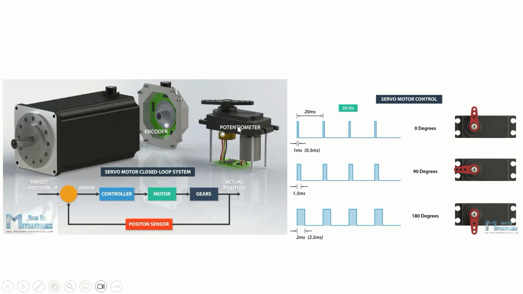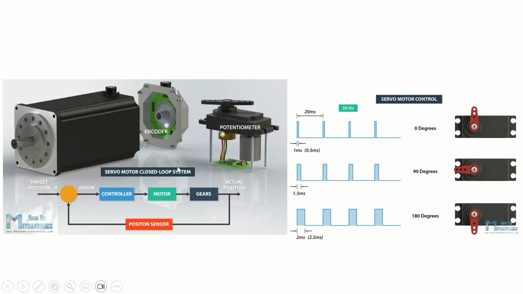Inside the motor itself, there is a geared mechanism, and the potentiometer is also inbuilt, and there is a circuit. What we give is only a pulse and VCC, ground. This entire feedback, closed loop control system, controller, motor, gears, positioning sensor, everything is inbuilt.